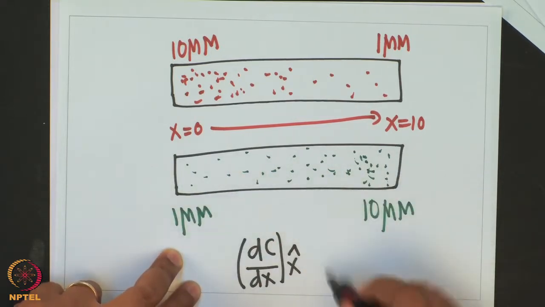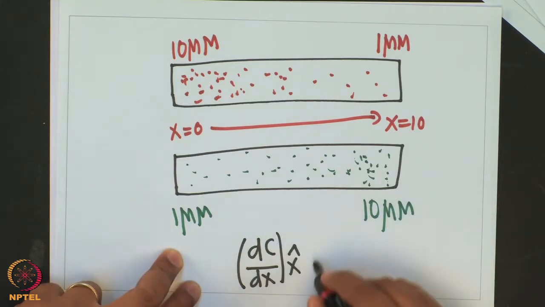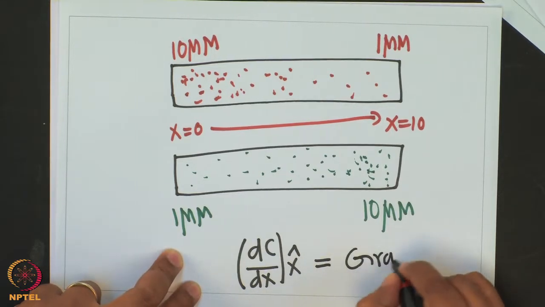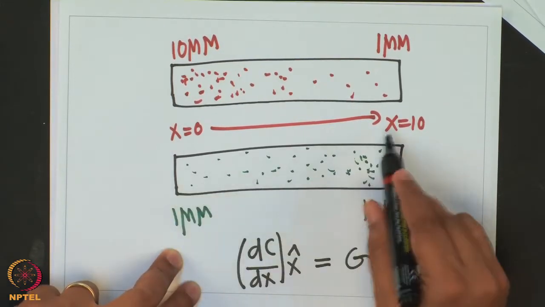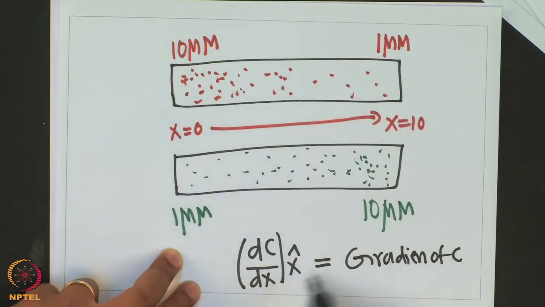Now you could have a situation where the change is happening along the y axis. To represent that, we would do it differently. If I just write dc by dx x cap, this is the gradient of c. This is a vector, it has a direction, changing in a particular direction along the x axis.